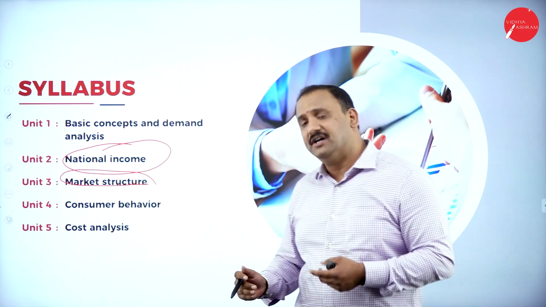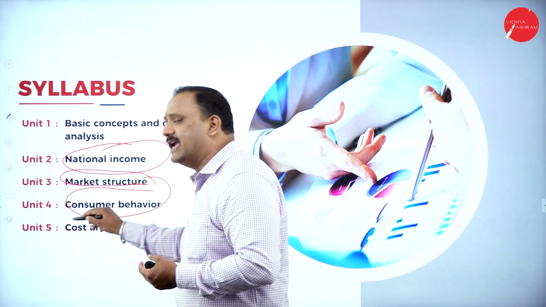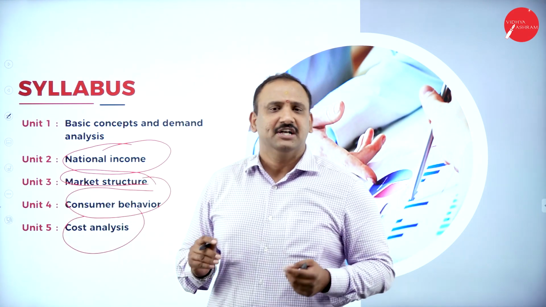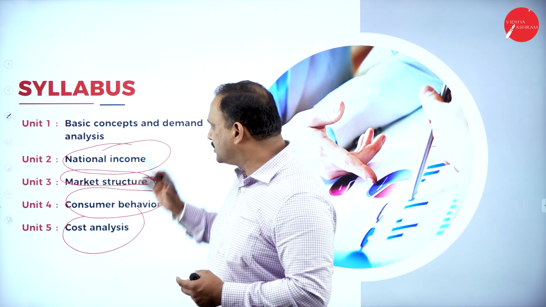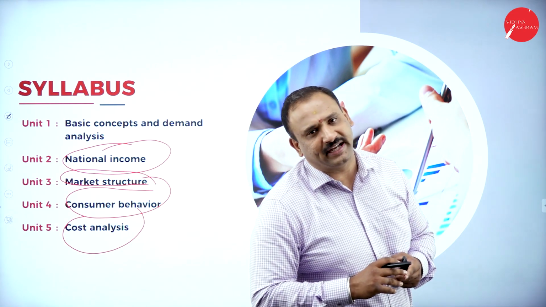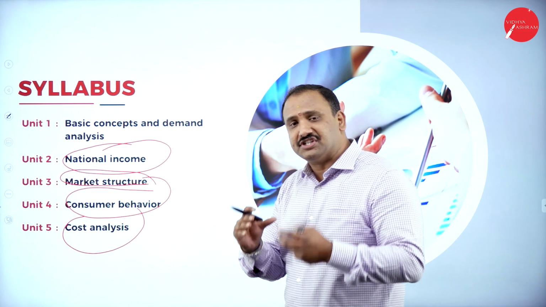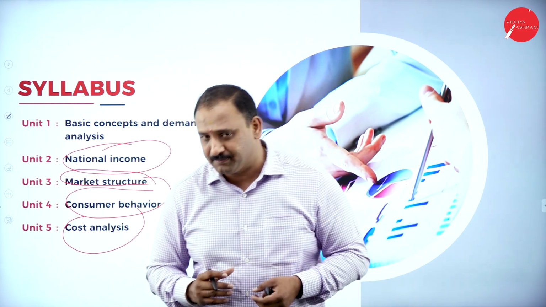We are going to see here. Consumer behavior, that's also an important topic here, followed by the cost analysis. So these are the important topics for the day. These are the topics that are going to govern how business decision theory is going to be learned by us.